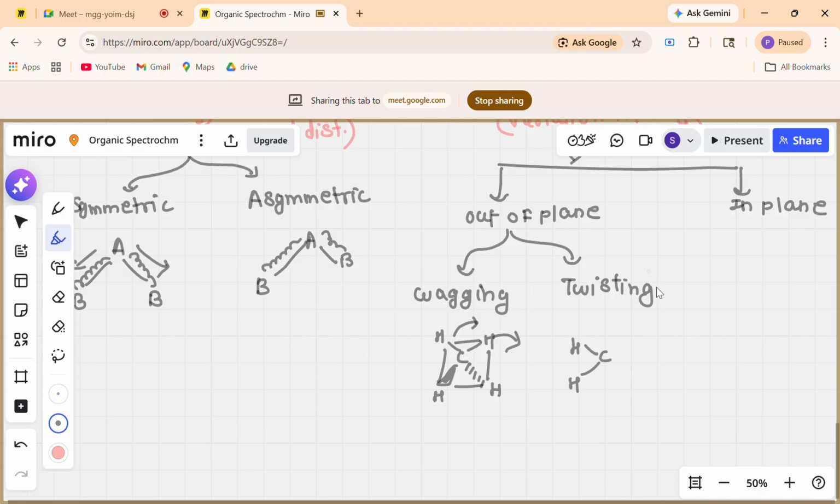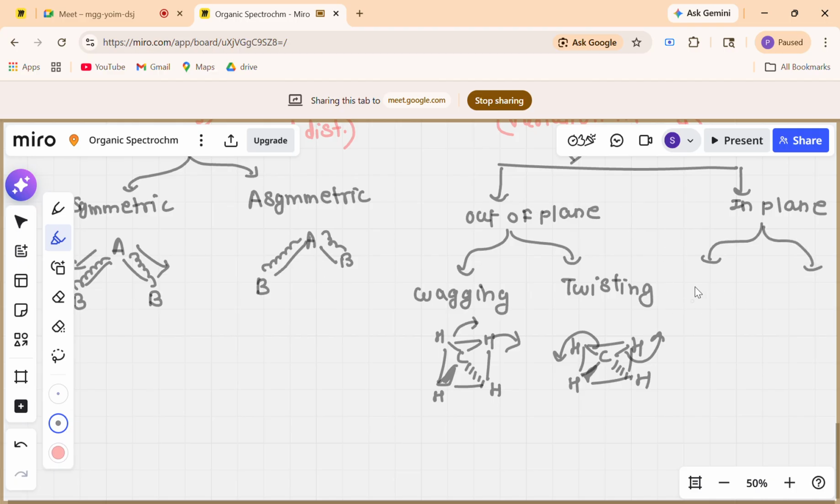Whereas a twisting of the molecule is, this is your plane of the molecule, and one hydrogen is coming towards you and one is going back. Such a motion is called the twisting motion. So both the wagging and twisting vibrations give rise to the out of plane bending.